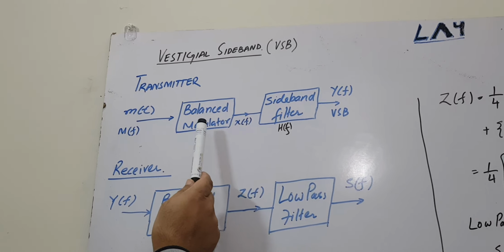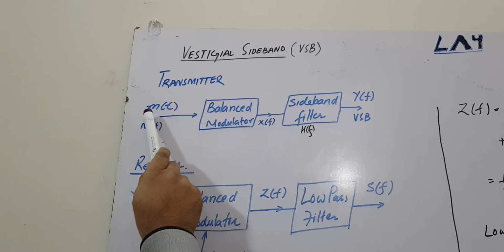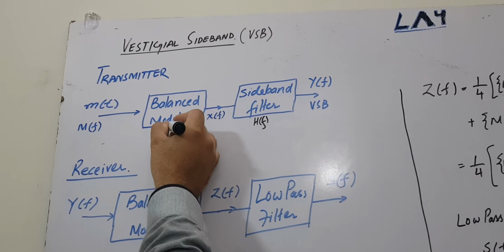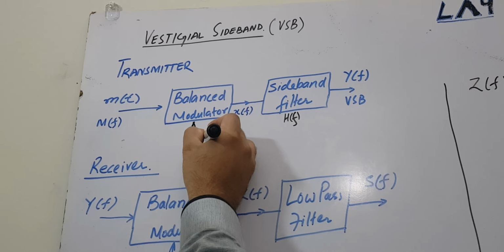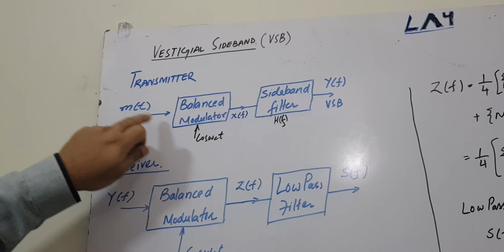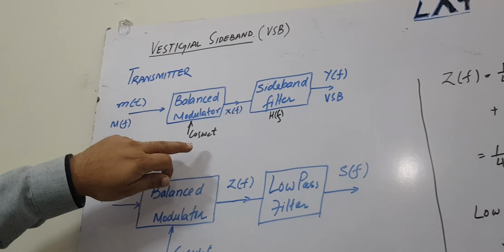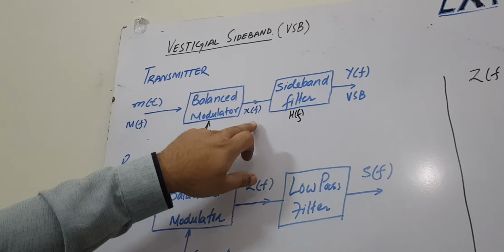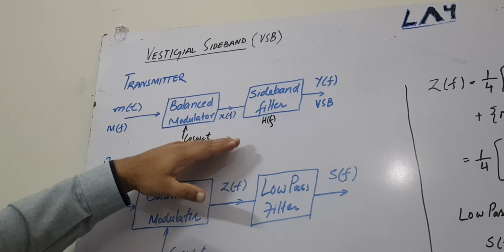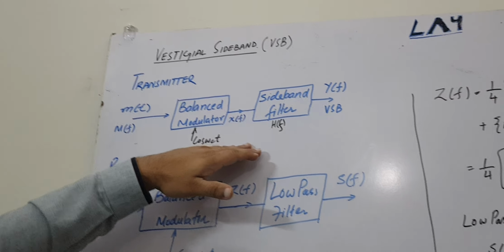For the transmitter, we use a balanced modulator, so m of t, and for the balanced modulator, you are also multiplying with cos omega_c t. The balanced modulator is multiplying the message signal and the carrier signal, and then we are representing the signals in terms of the frequency domain rather than the time domain.